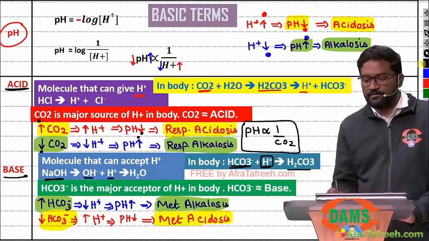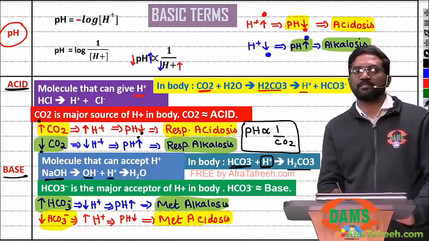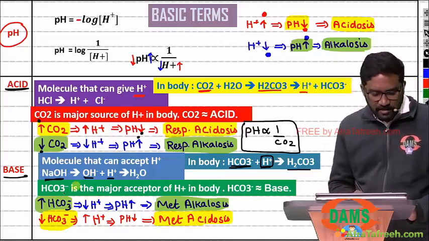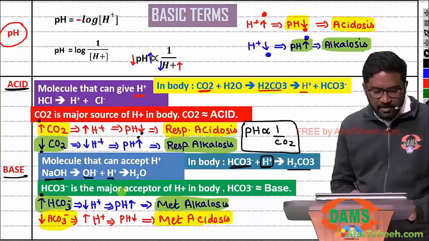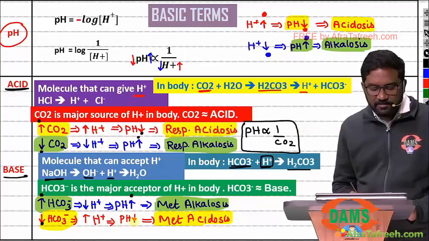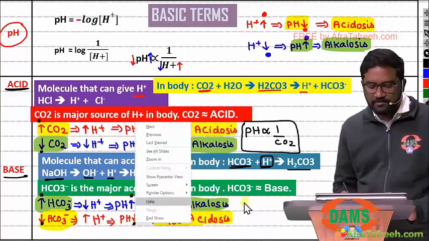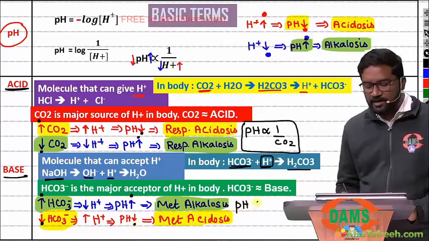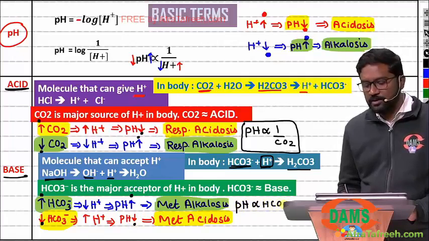Now with this background, can you tell me the relationship between pH and bicarbonate? See here, bicarbonate increases, pH has increased. Bicarbonate decreases, pH has decreased. So it must be a direct relation. So pH is directly related to bicarbonate.